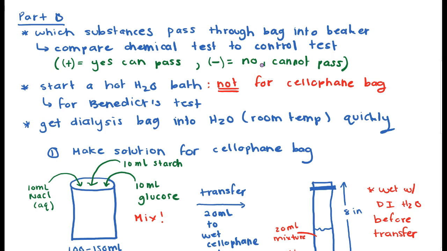So I would have one person start with getting the dialysis bag ready. The dialysis bag is the same as our cellophane bag, and I'd have the other person start on the hot water bath.